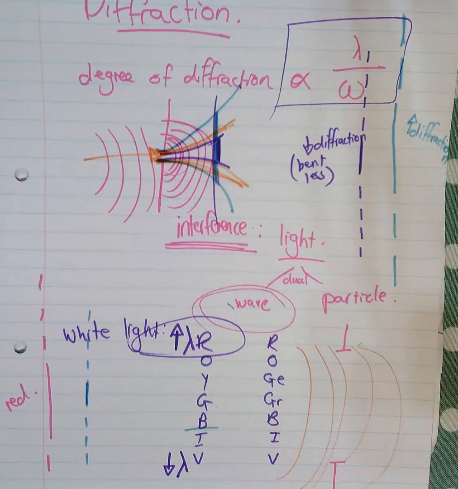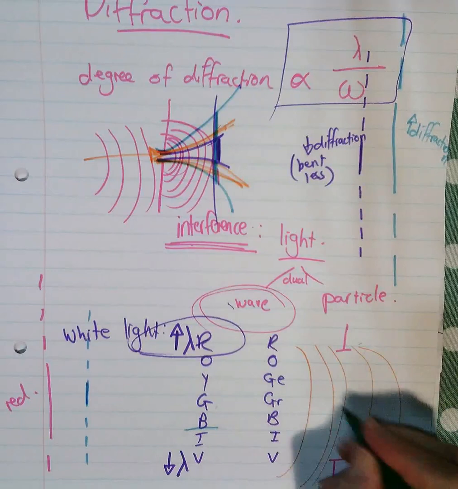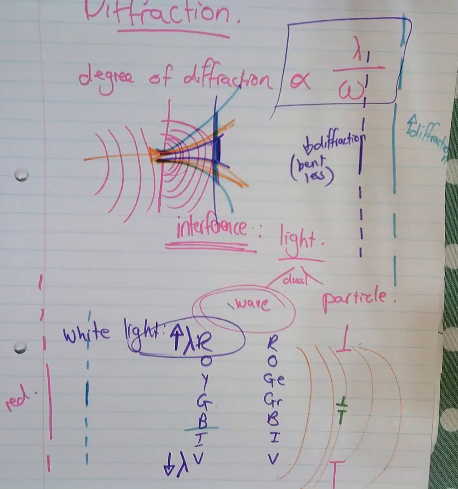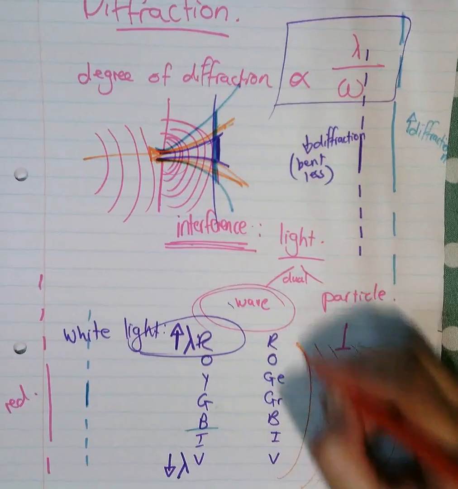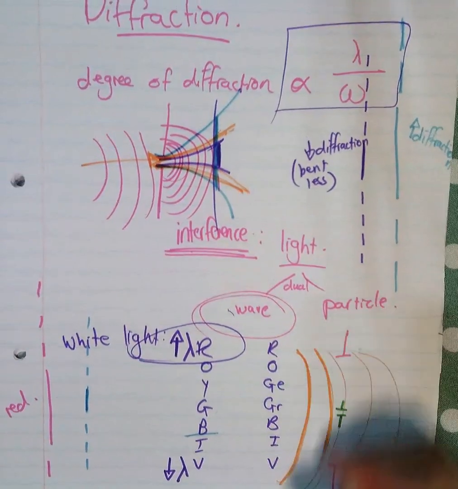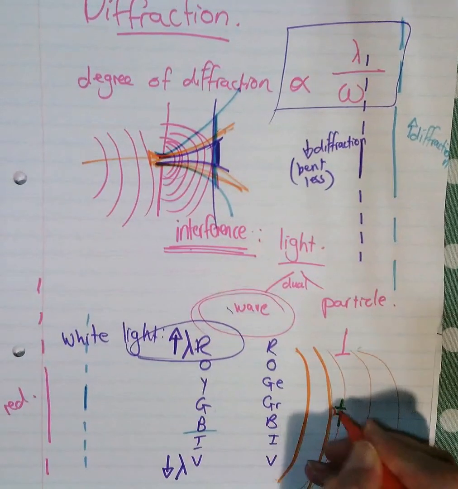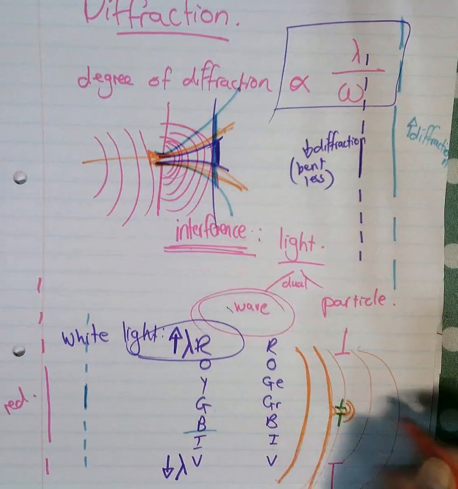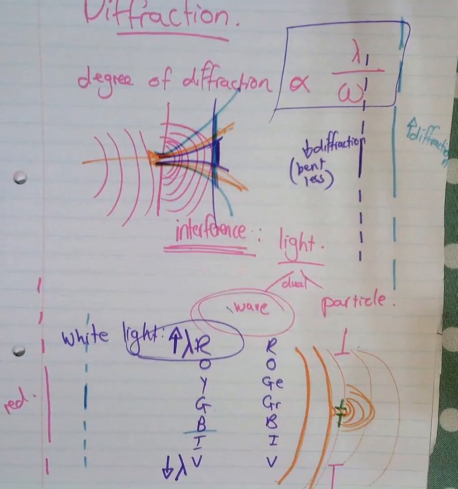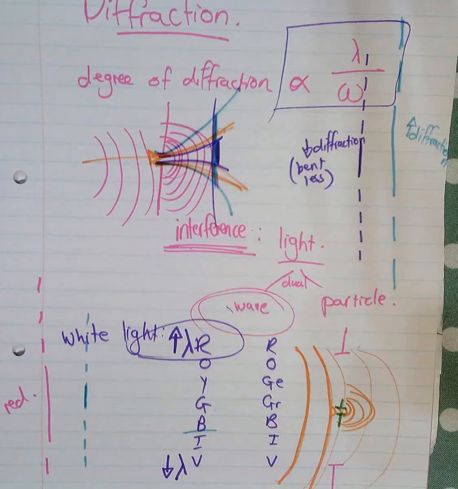But if we have a very small aperture, then that same wave needs to now move through this small little space. So it's going to bend a lot in order to move through there.